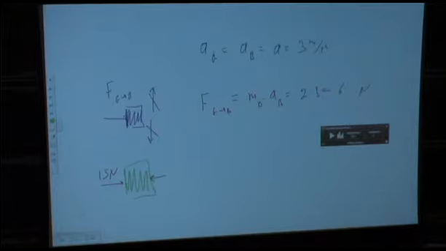Exactly. So the reason in physics is either a definition or a law. There are only 2 reasons. It's a definition or a law. That's it.